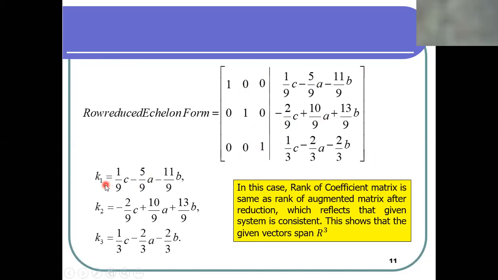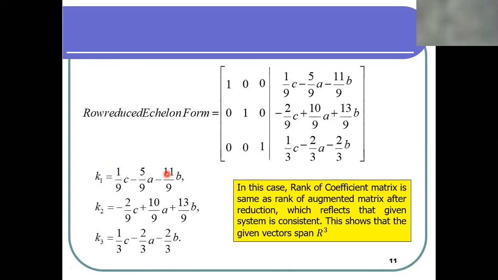You can see that the values of k1, k2, k3 do not depend on k1, k2, k3 themselves, but depend upon a, b, c. So in this case, the rank of the coefficient matrix and the rank of the augmented matrix are the same.